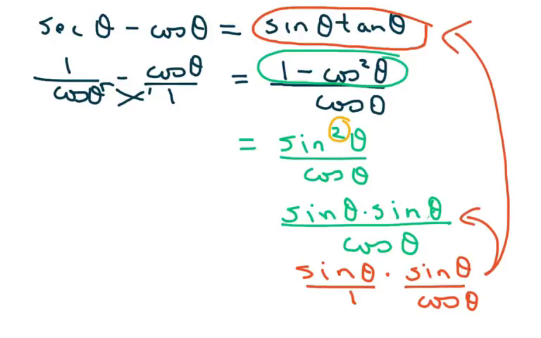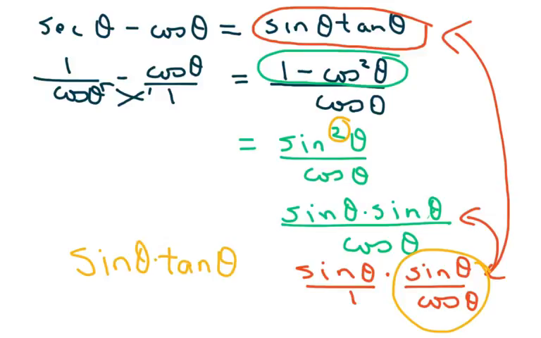This equals that. So I just kind of split it up. And we already know that this is tan of theta. So what we have is sine of theta times tan of theta. Because this equals tan. So it's not too bad. On these, you really have to keep looking at your end result, your desired result.